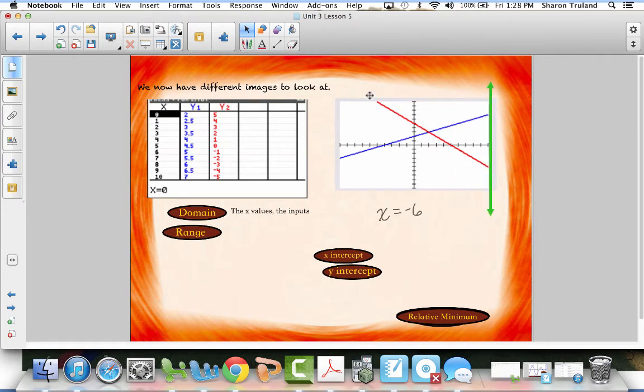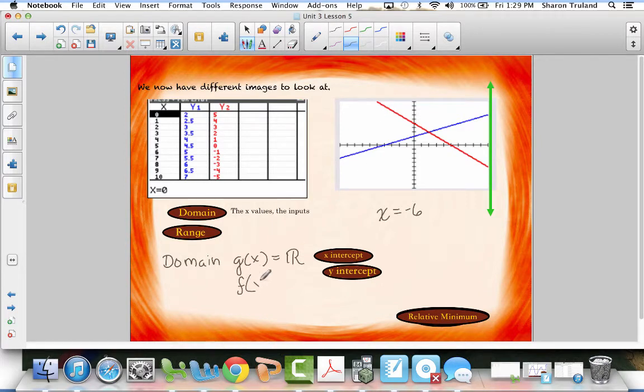No. So what we have here is the domain of g of x, which remember is our red line, is all reals. And that's how we write all reals. And the domain of f of x, which is the blue line, is also all reals.